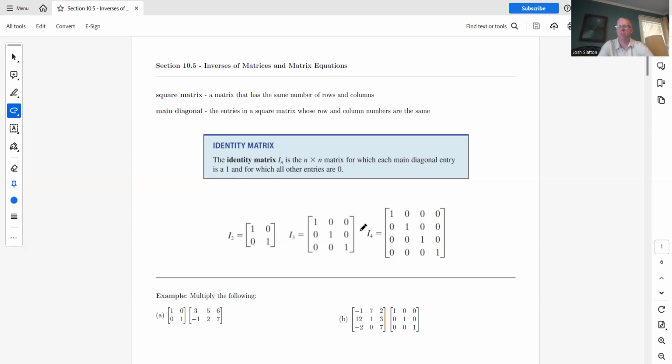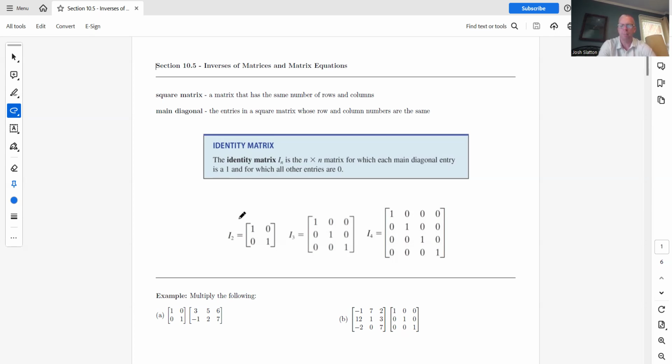What the identity matrix represents is kind of like the multiplicative identity with the real numbers, which is 1, because if you multiply any number times 1, you get the same number back. So 5 times 1 is 5, 6 times 1 is 6, and so on.